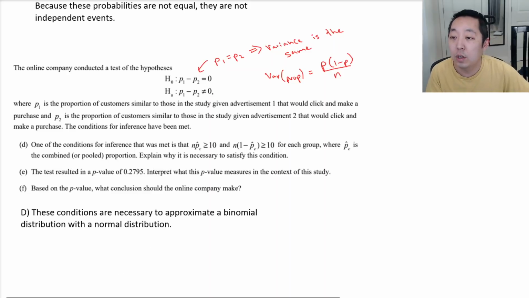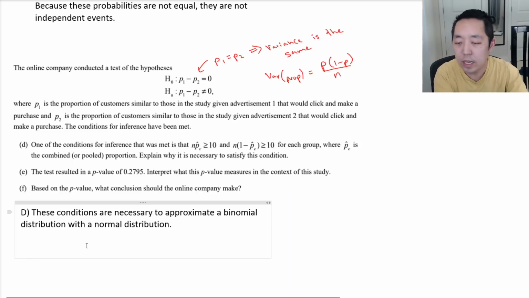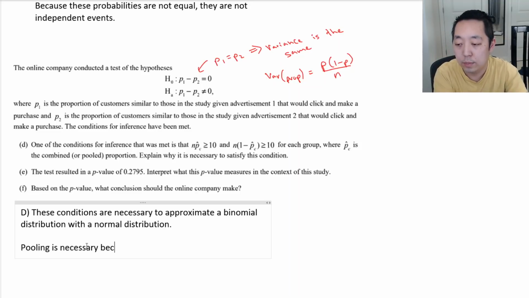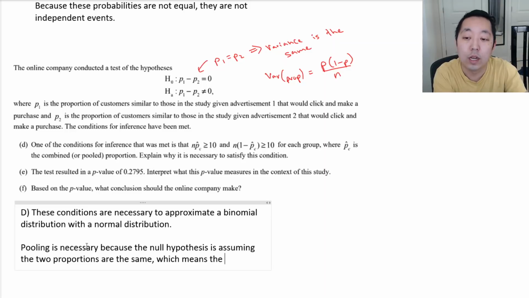Okay, so I'm going to add a little bit to this. I don't know if they're going to look for that, but this is something I would just add in because they're talking about the pooled. Pooling is necessary because the null hypothesis is assuming the two proportions are the same, which means the two distributions would have the same variance.